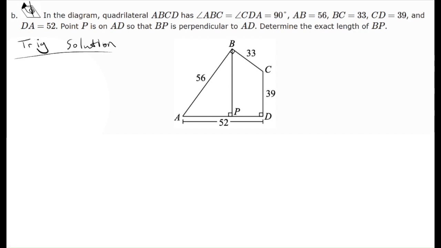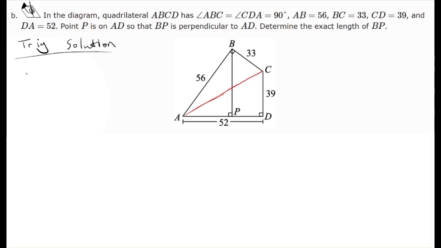We can do that by joining AC, like that. And by doing that, we actually create these two right triangles, ABC and CDA. And using Pythagorean theorem, we can find the length of AC, right? Because they actually both share this hypotenuse.